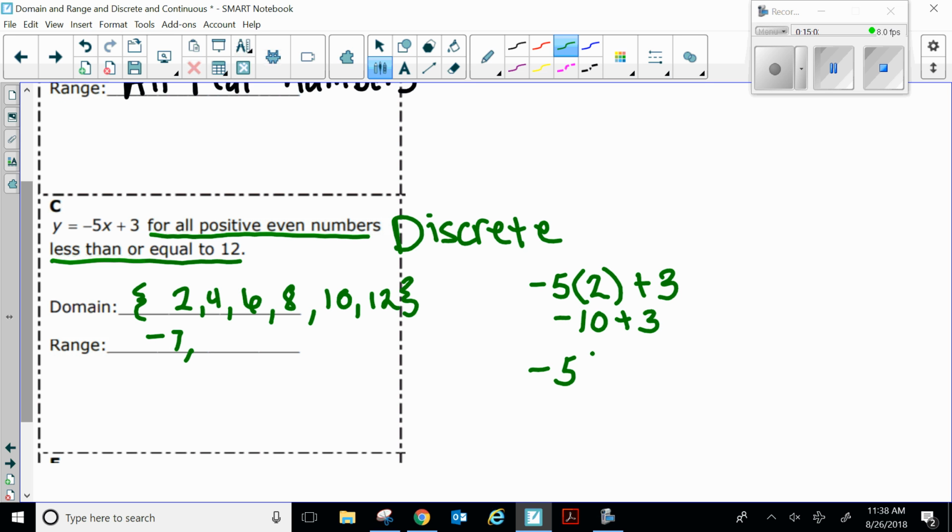I'll have negative 5 times 4 plus 3. So negative 20 plus 3 is negative 17. And I'm seeing a pattern. We're going to decrease by 10. So I'll have negative 27, negative 37, negative 47, and negative 57.